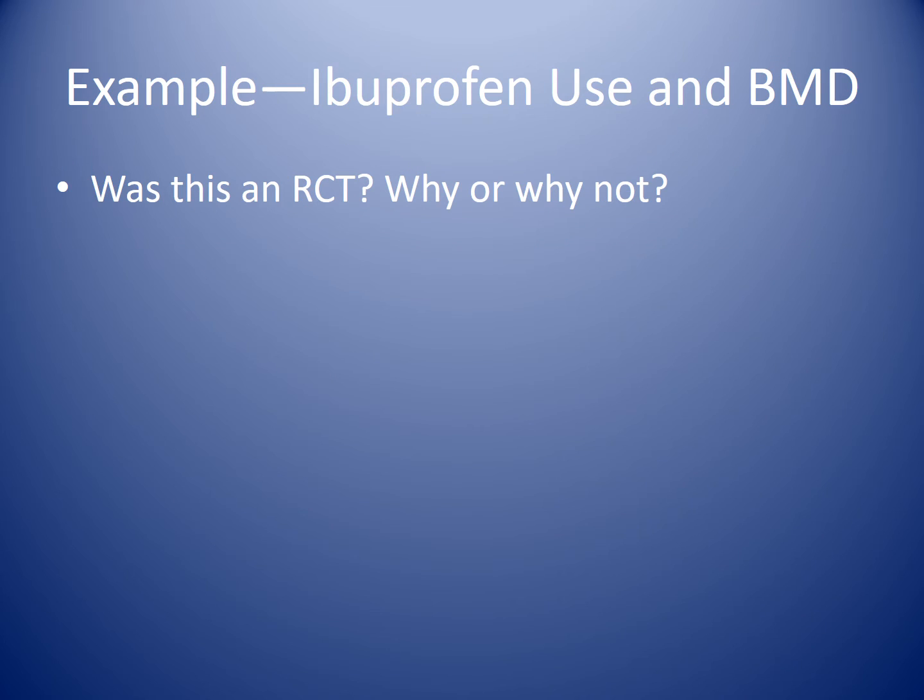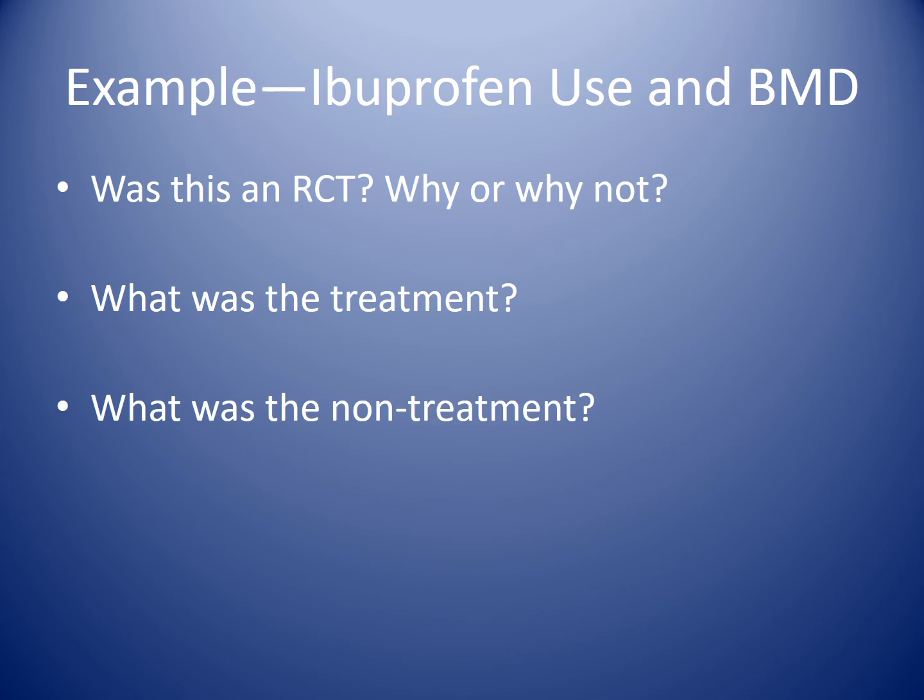So this was a randomized control trial because the participants were randomly assigned. There was blinding. They didn't know which group they were in. They just took the pill when they were told. And the treatment was the ibuprofen or the placebo.